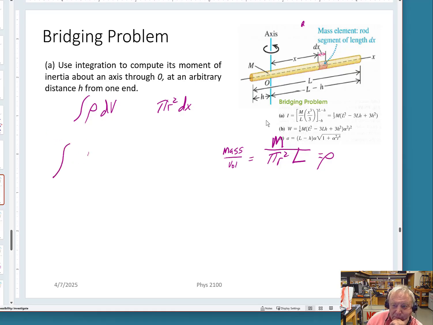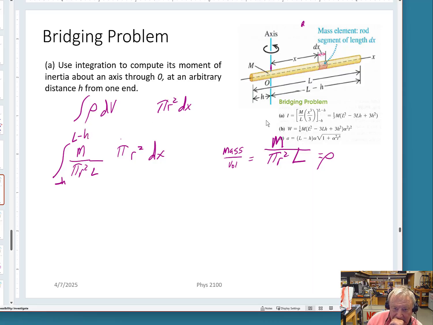So we see that we're going to have capital M over pi r squared times L, times pi r squared dx. And the limits are, if we can pick this as our origin here, as it's sort of implying, that means it's going to go from negative h up to L minus h.